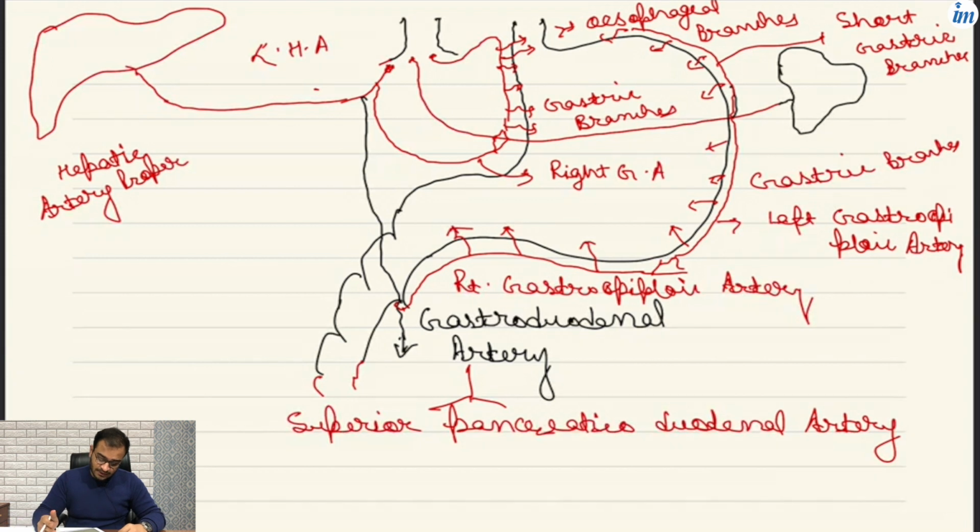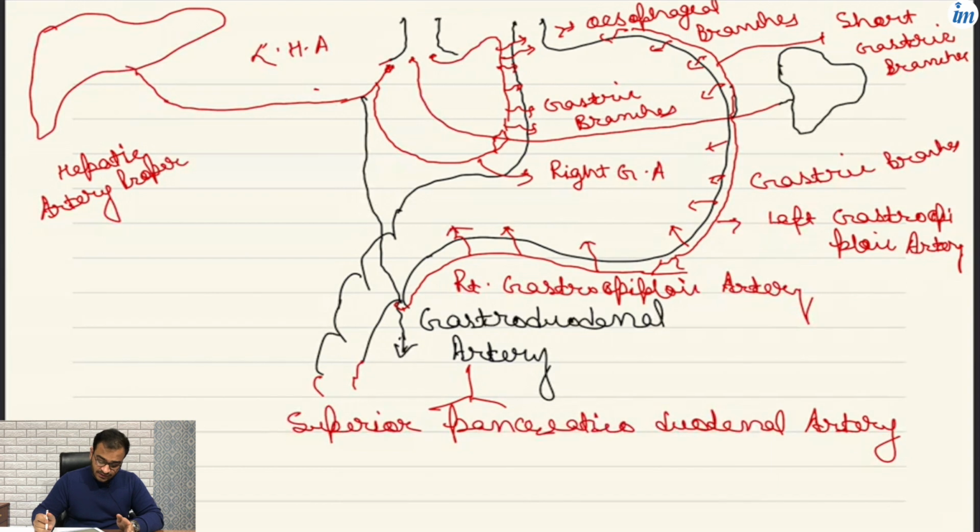Then the third branch is the common hepatic artery. Which one? Common hepatic artery. From the common hepatic artery, we have one branch which is the right gastric artery, which is anastomosing with the left gastric artery. When the common hepatic artery goes to the liver to supply, it transforms into the hepatic artery proper.